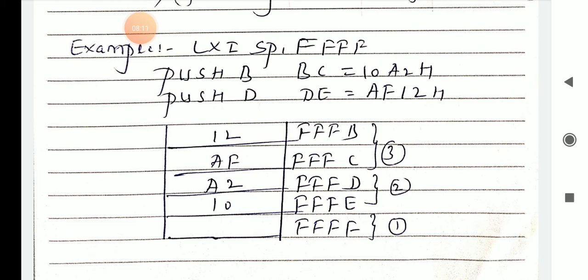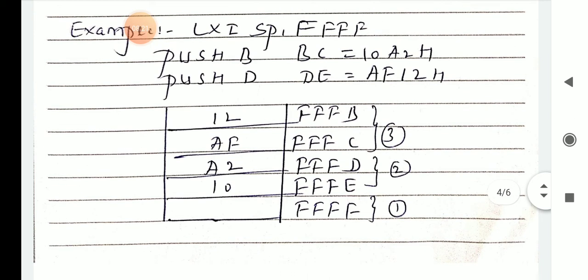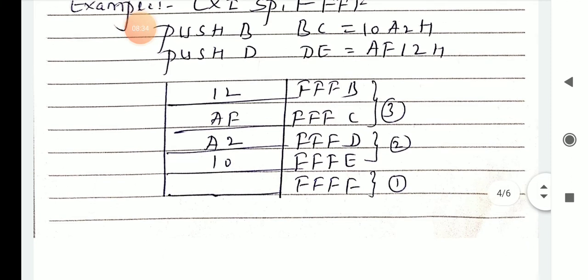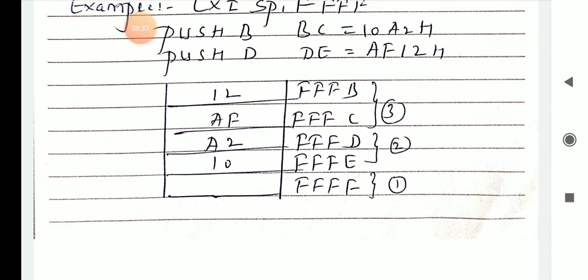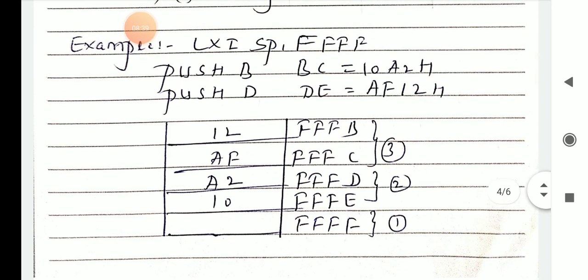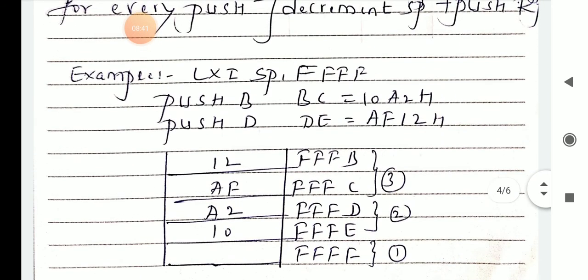You can take some values in the BC register pair. Say in B you take 10 and in C A2H. In D you can take AF and in E 12H. Okay, these are the values given to BC and DE. Assume these values. So take one stack. In the first step, you have to write to the memory location with address FFFF.